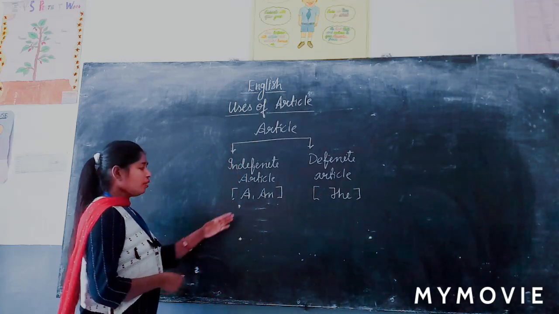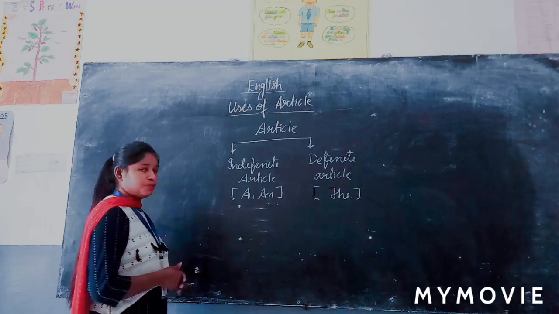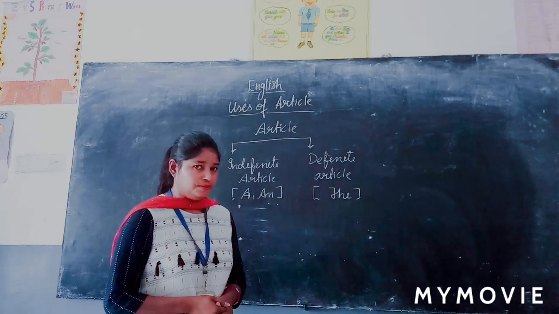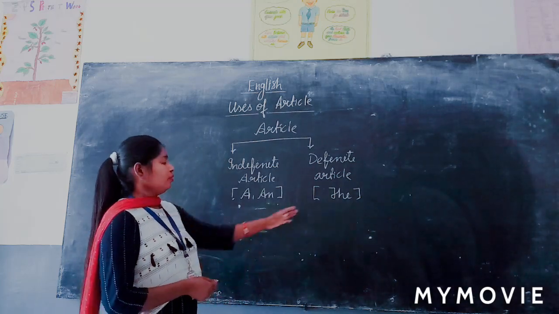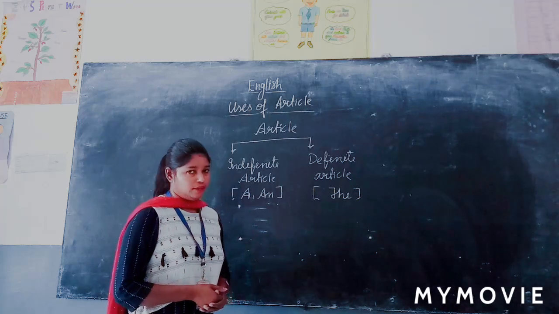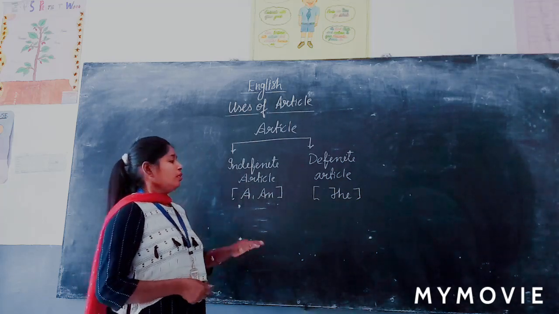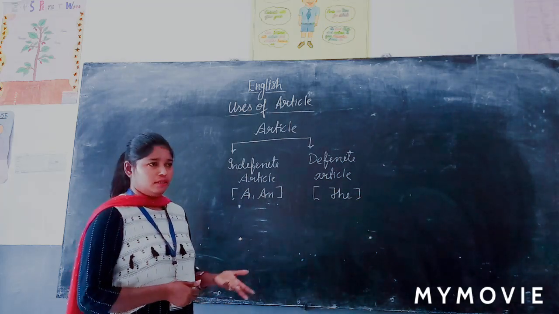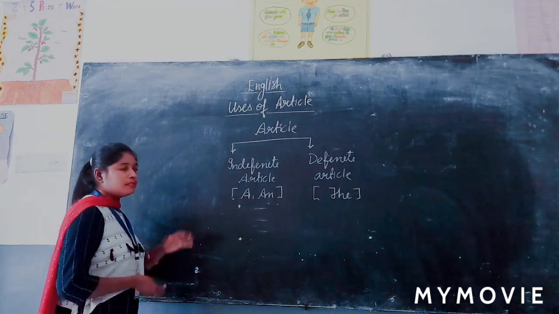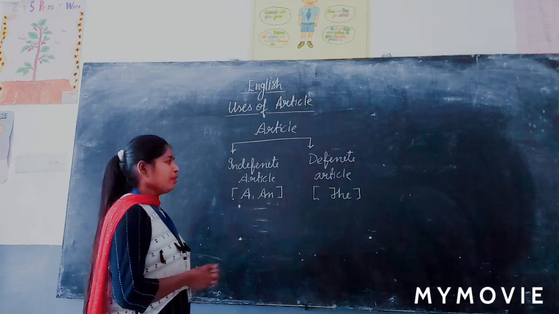A or An is used to denote the singular number of a noun, and The is used to denote a specific noun or any object. So let us see the examples.